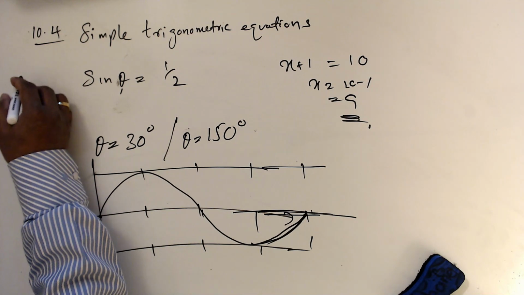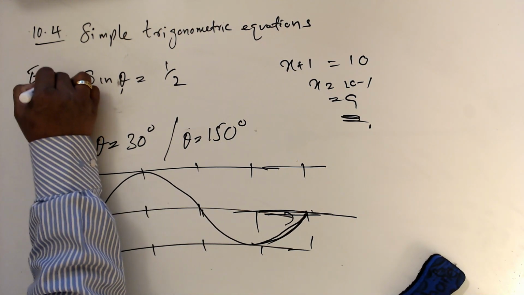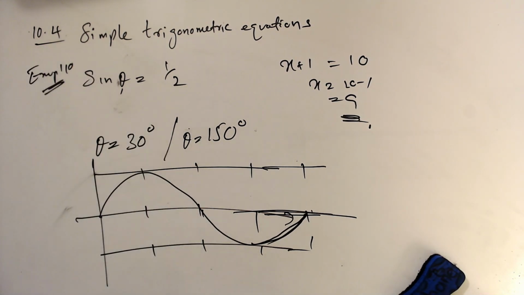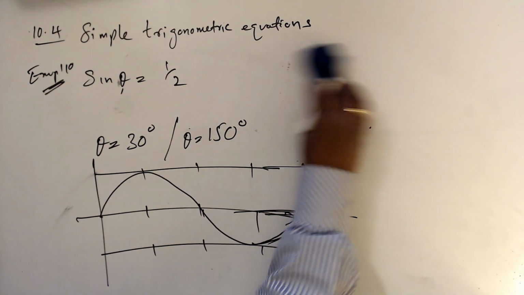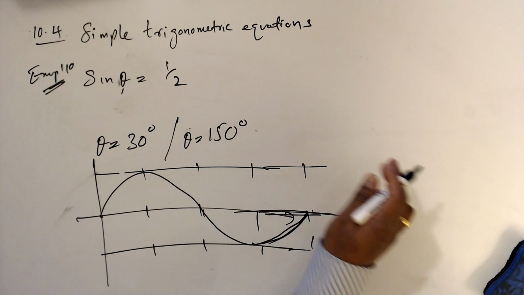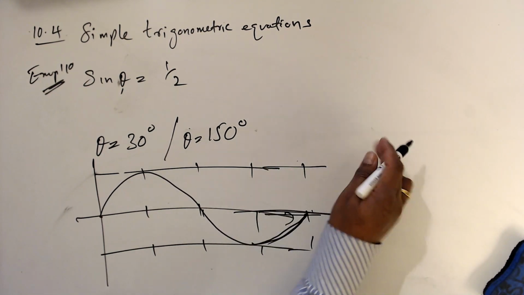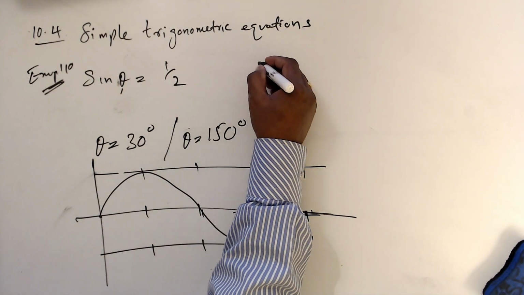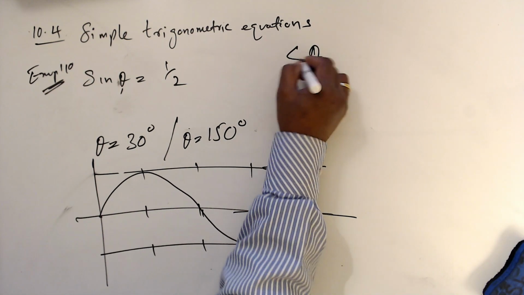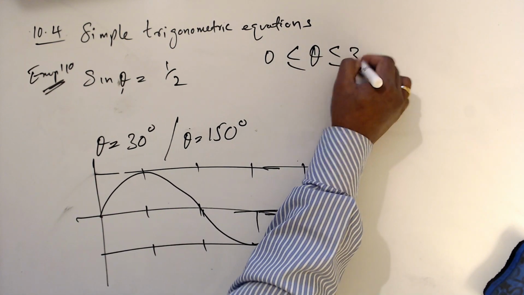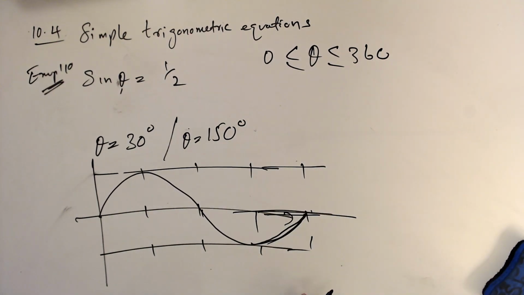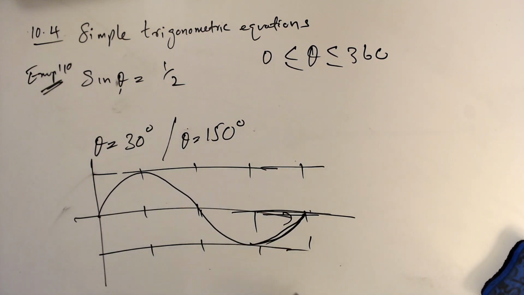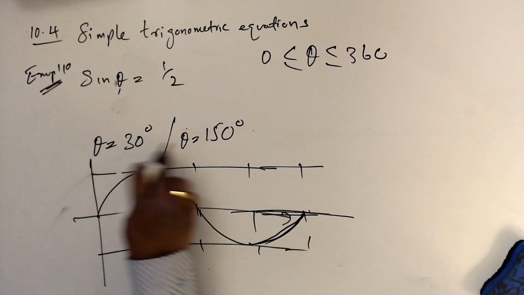I'm referring to example 10 in the book, and they have given a range for this one. Otherwise, we have an infinite number of answers, but theta has to be between 0 and 360. If it is 720, you will get more answers. So between 0 and 360, there are two answers.